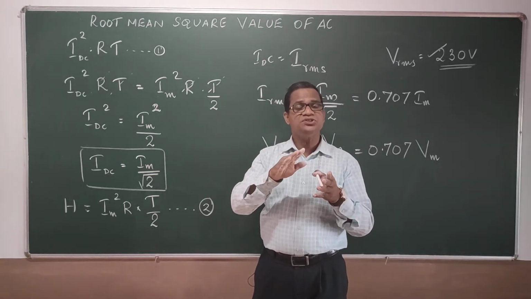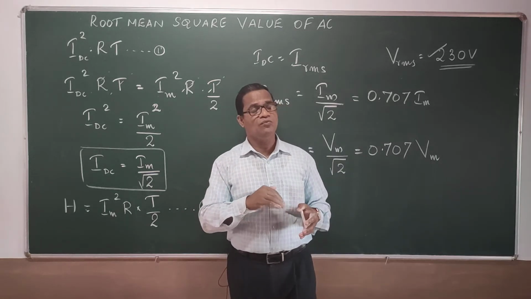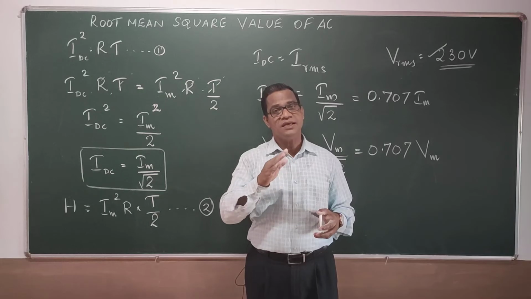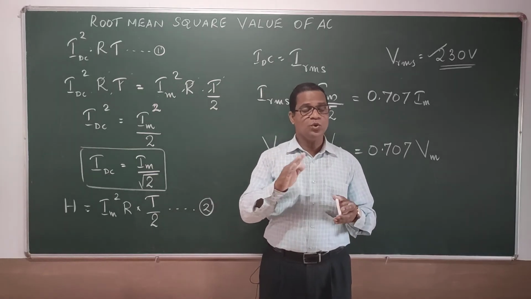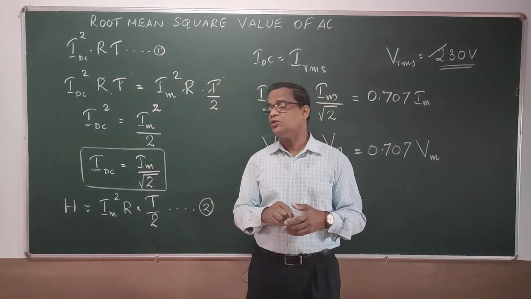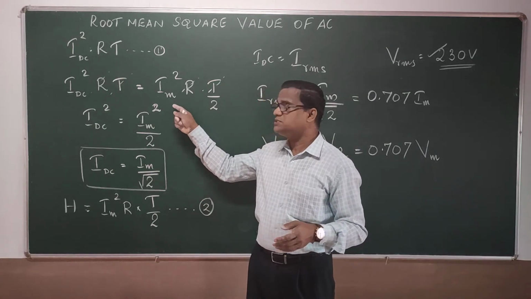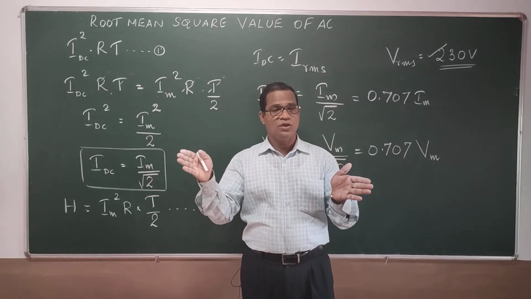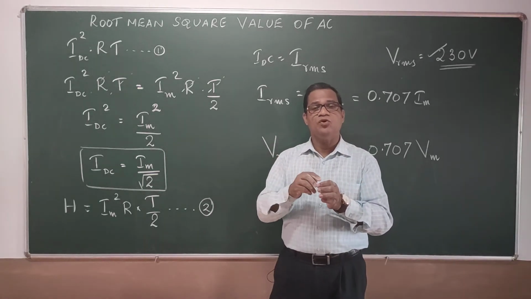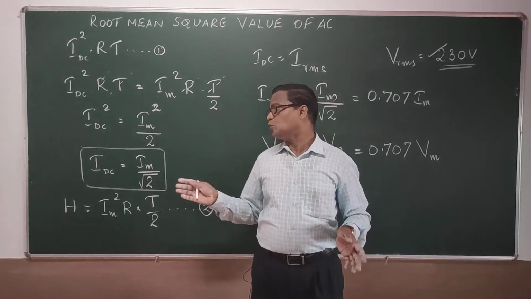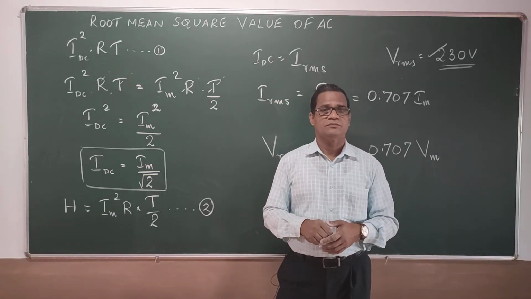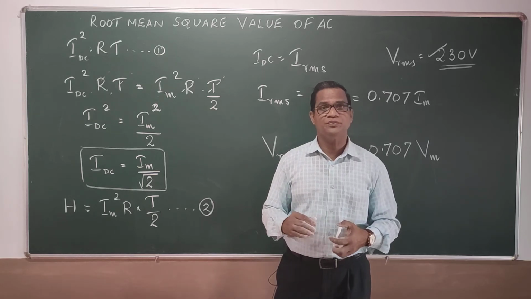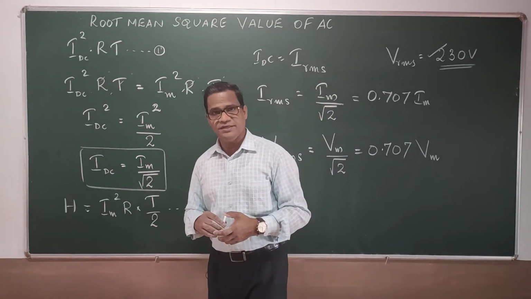So the divisions in the ammeter or voltmeter to measure AC won't have equal spacing on the measuring scale. Because of this, the scale marking won't be uniform throughout. Alright, so these are the points to be noted for alternating current.